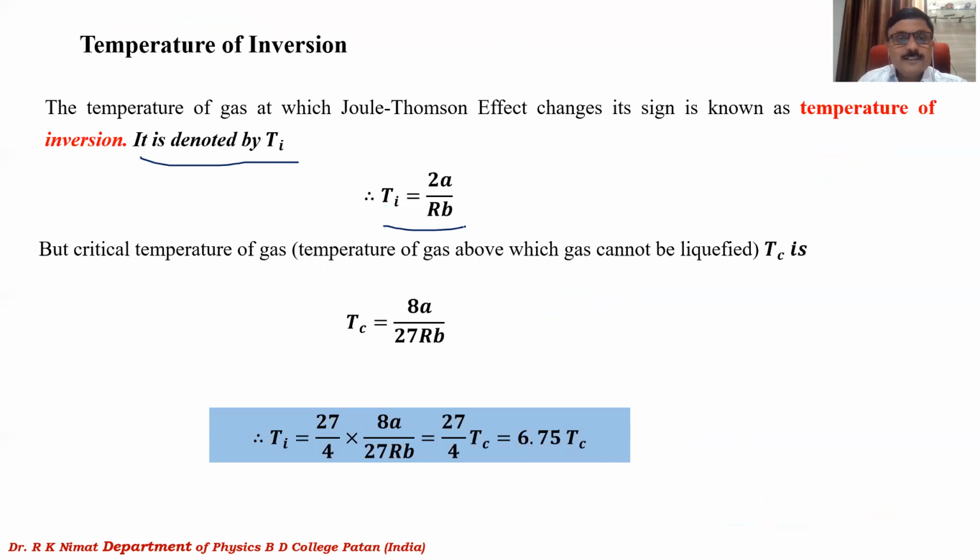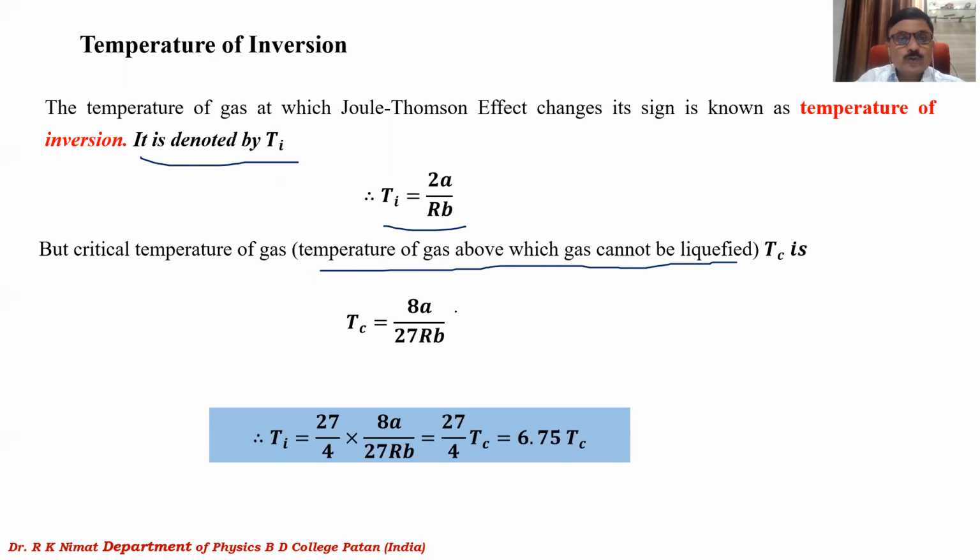Now let us see, we know that there are critical values of a gas: critical temperature, critical pressure, critical volume, and there is a critical temperature above which gas cannot be liquefied. That particular temperature is called the critical temperature, and its value is given as 8a divided by 27Rb.